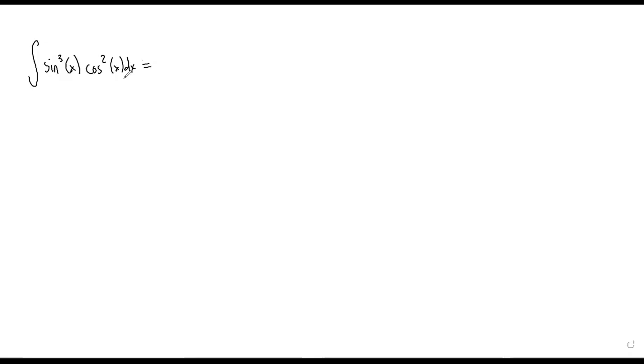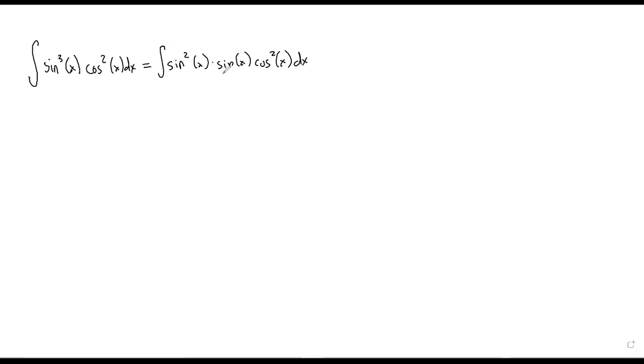Okay, so what we're going to do is rewrite sine cubed as sine squared x times sine of x, times cosine squared x dx.